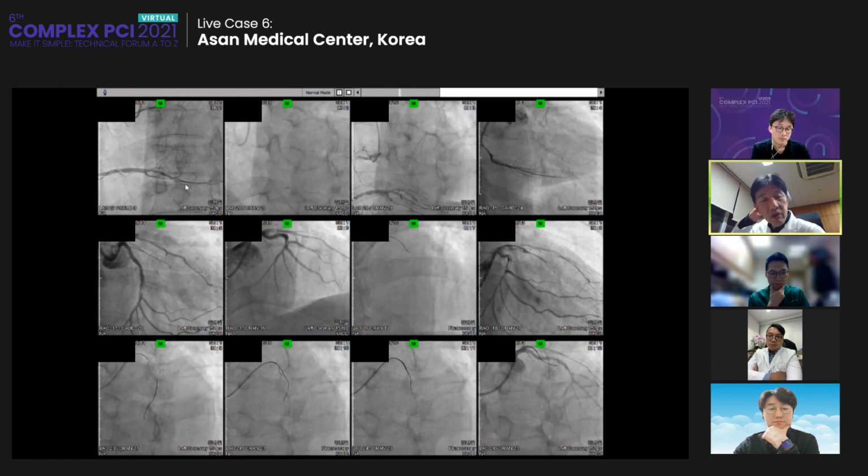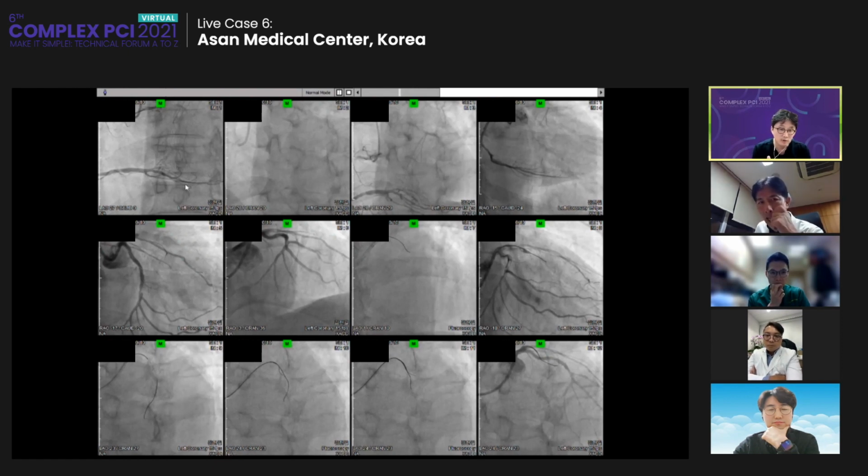Personally, I used CT in selected cases, such as ostial LAD or circumflex CTOs, where we have to locate the entry point of the antegrade wire, or a very long CTO where it is not quite clear whether the route is straight or not.